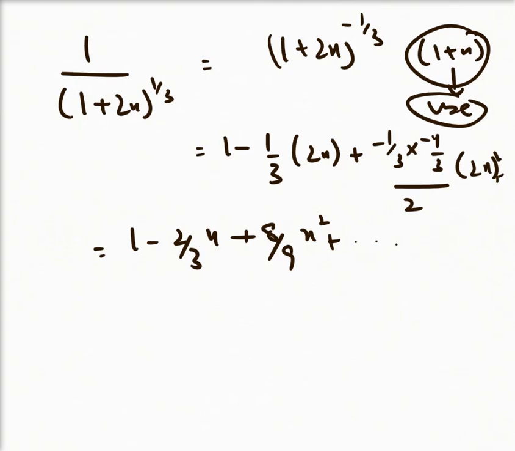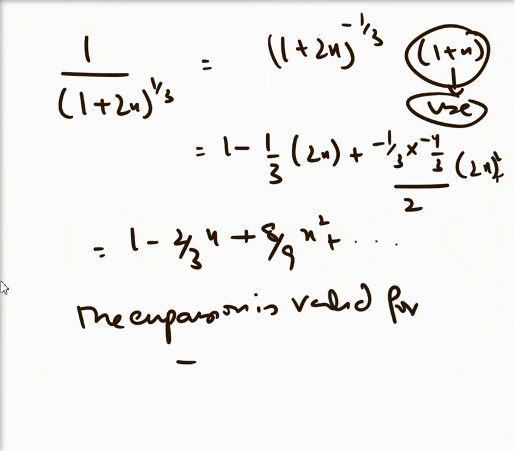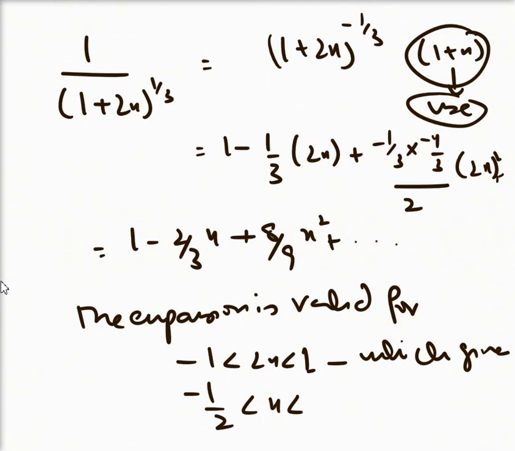So we can just write it down. The expansion is valid for minus 1 less than 2x less than 1, which gives us the range of minus half less than x less than or equal to half.